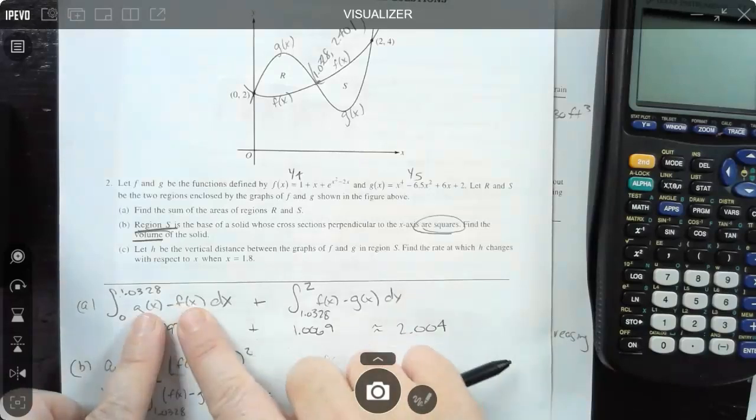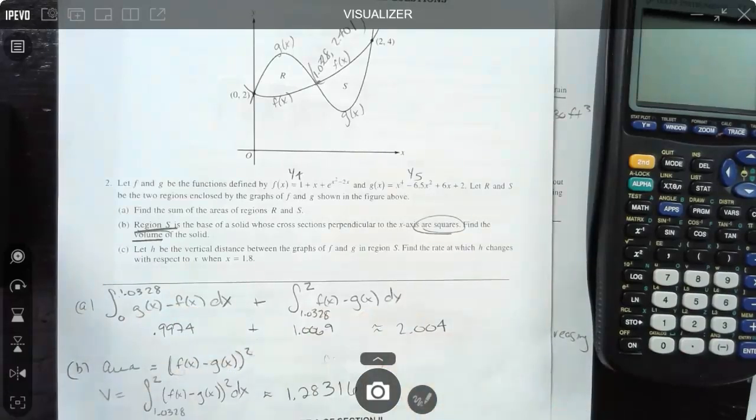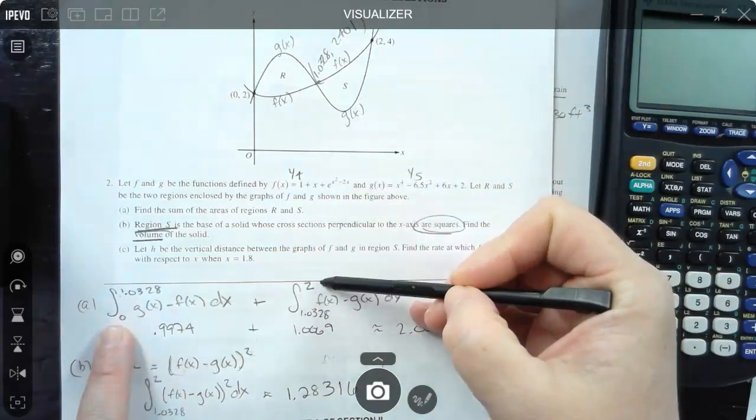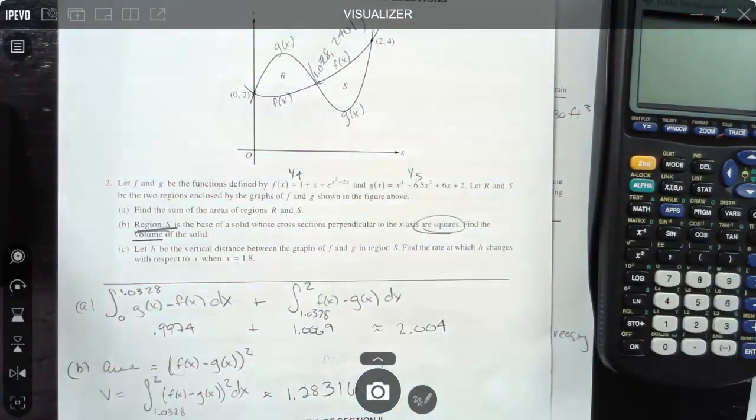So if you know it's G minus F and then F minus G, that's 2 points for both. The first point are the limits. So if you have 0 and 1.032, and 1.032 and 2, that's a point. Even if you got the integrands wrong but got the limits right, you got a point.